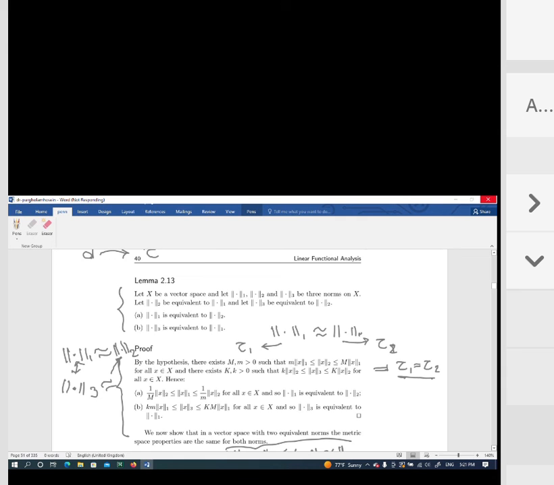Because norm 1 and norm 3 are both equivalent to norm 2, they are equivalent to each other. I left the proof for your study.